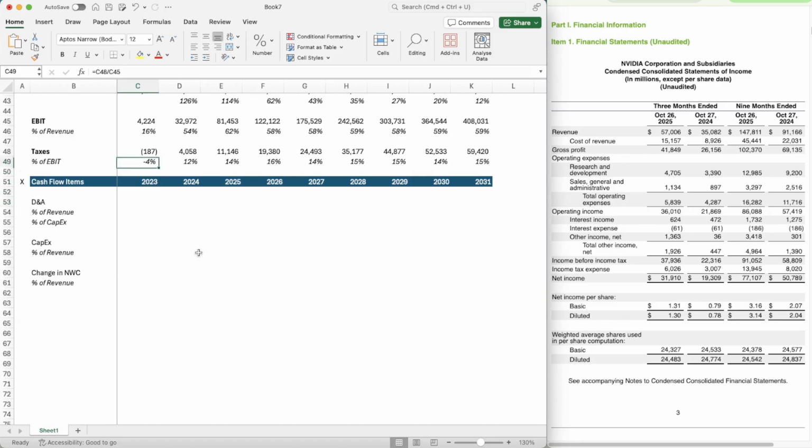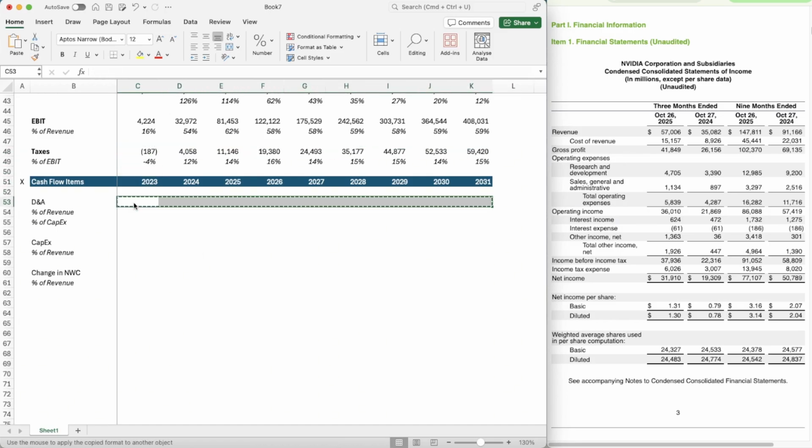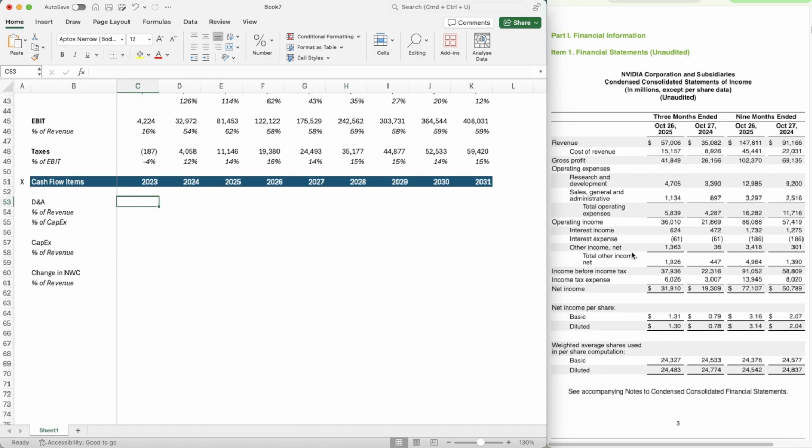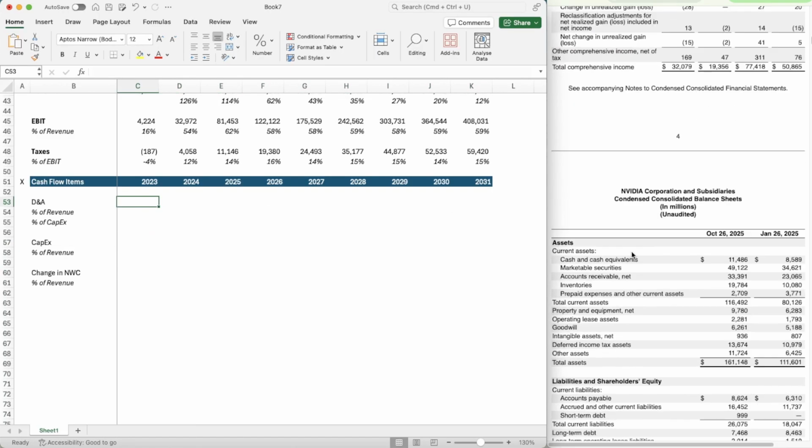Okay, format this. These are found on the cash flow statement.